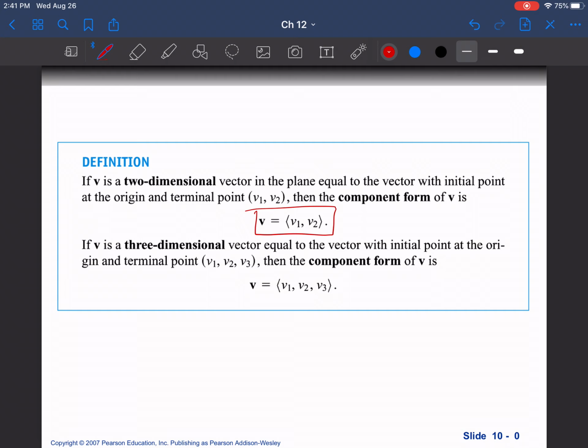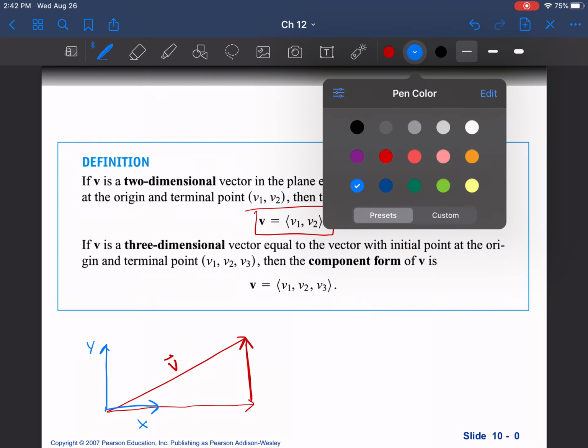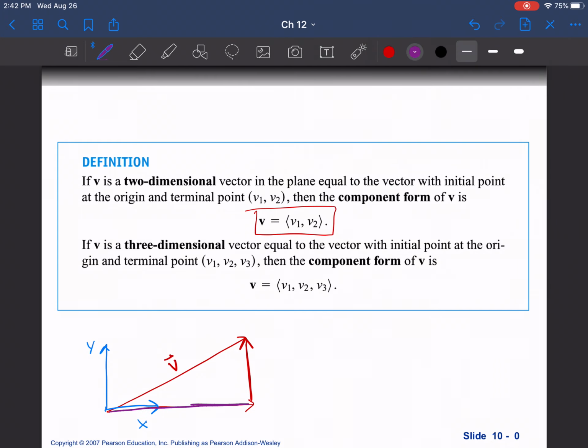Think of it like if we have a vector pointed out this way, this is the vector v. If we broke this into a right triangle, where this is the y direction and this is the x direction, then the length of this side right here is the x component.